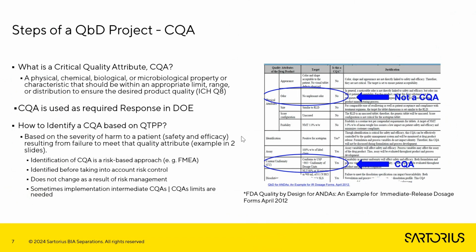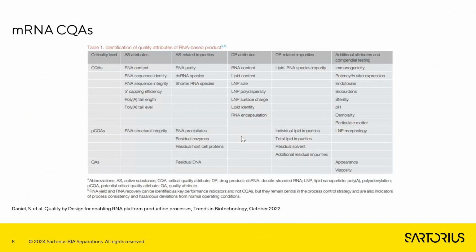Yeah, and so without further ado, I do refer to I think the seminal publication in the field of mRNA, a publication by Simon Daniel and the team at Imperial College, who have published this wonderful paper on quality by design for enabling RNA platform production processes back in 2022, where they defined for the first time a set of critical quality attributes for mRNA manufacture.